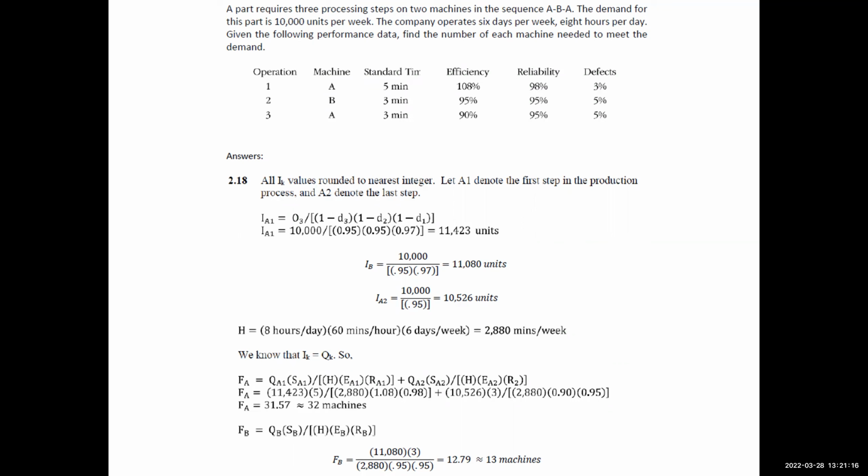The input at the beginning of the process becomes our quantity, QK. So once you figure out I, that will be QK. And then the rest of the process is just making sure that you use the right coefficients. You need the standard time, you need the efficiency, the reliability to compute the number of machines. Also make sure that you use the right time units.